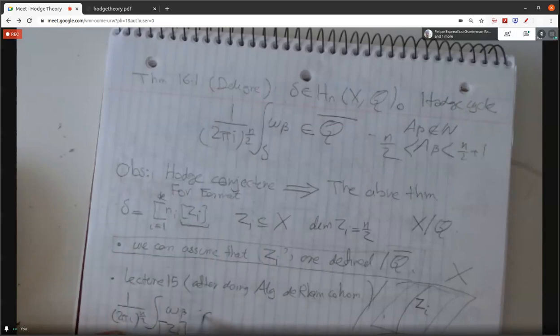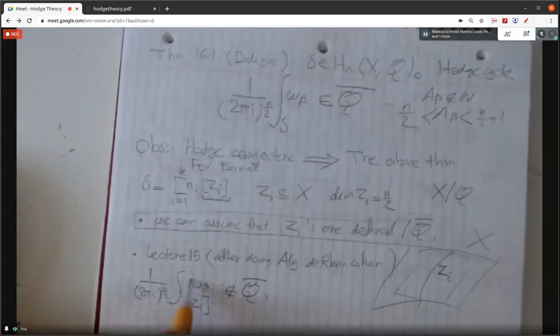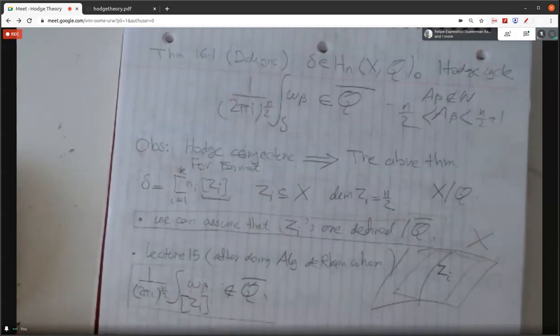So differential forms themselves are defined over Q. My Fermat variety is defined over Q, but my algebraic cycle is defined over Q bar. And then we proved this fact using algebraic methods, de Rham homology.